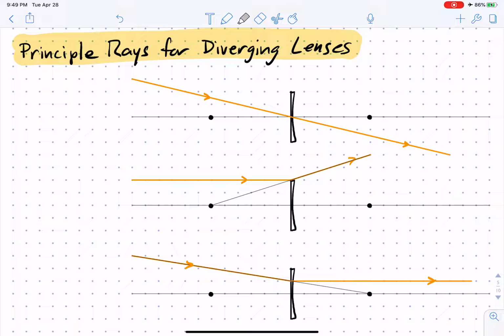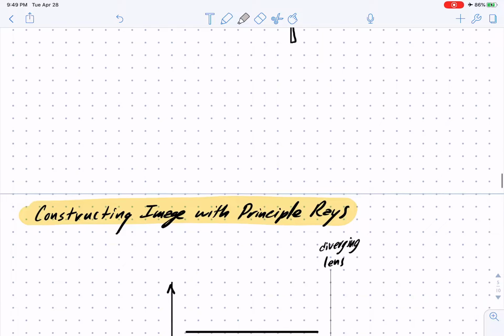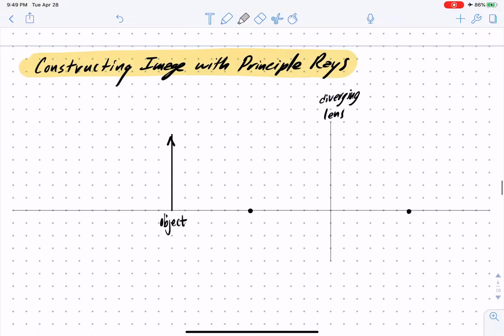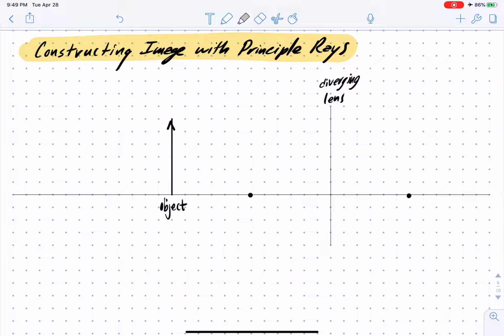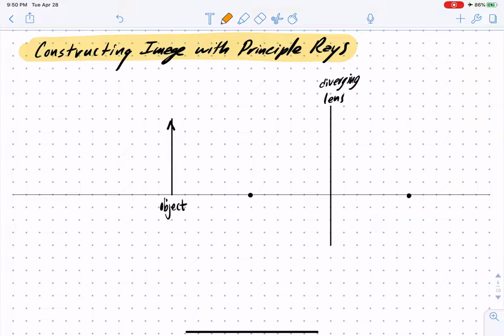Okay, let's do the same thing and try to construct an image with a diverging lens. We've got an object, a diverging lens, which again I'm just drawing as a line. So here's our lens. All right, so let's try the 3 principal rays.